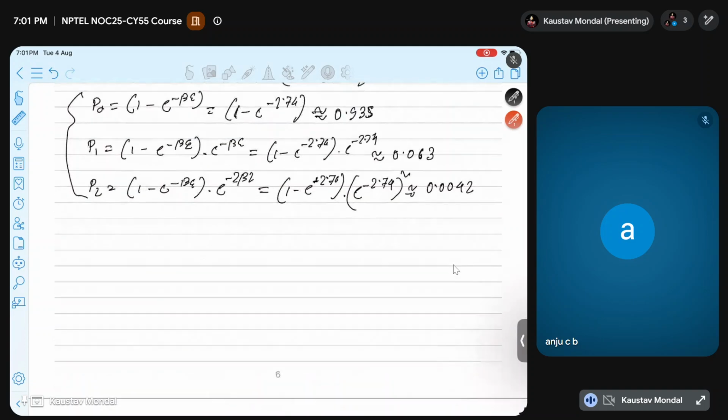Next, we'll discuss the partition function of a particle that is moving in a 1D box. In quantum mechanics you have already done this. What is the energy of a particle moving in a 1D box?